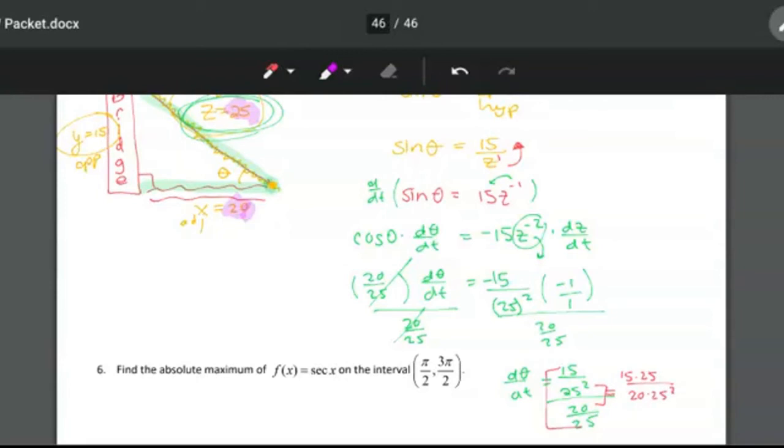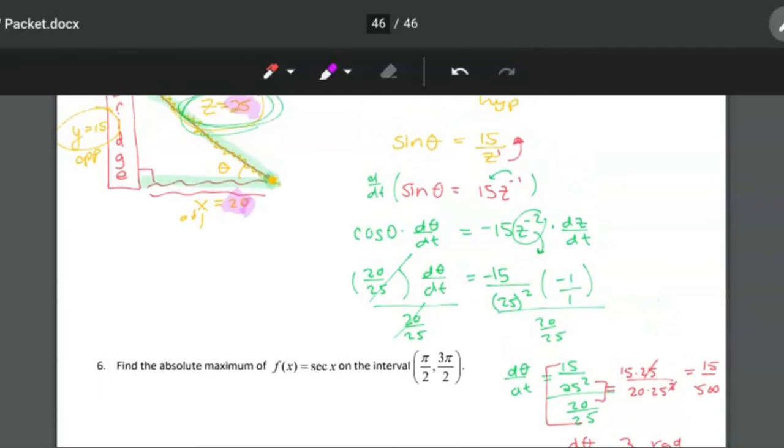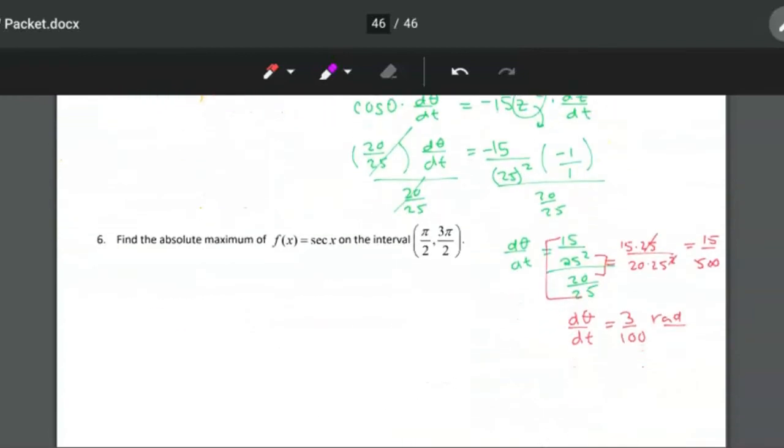There's a 25 on top and two 25s on bottom, so we could cancel one. It looks like we'd end up with 15 over 20 times 25, which is 500. If we reduce that in a calculator, 15 over 500, we get 3 over 100. And the units would be radians per second in this problem.